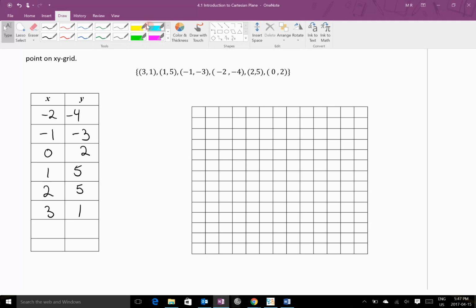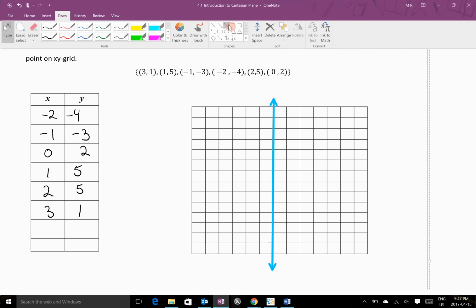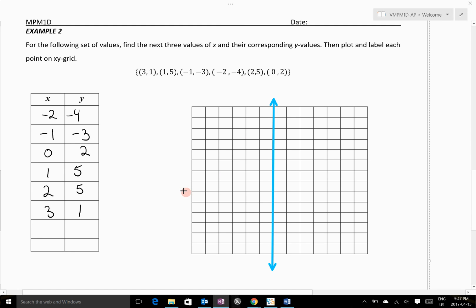So I'm going to plot these on my graph. Here I have to draw my axes. So here's my y-axis, and I'm going to draw my x-axis as well. For some reason, it's not letting me draw a nice straight line.